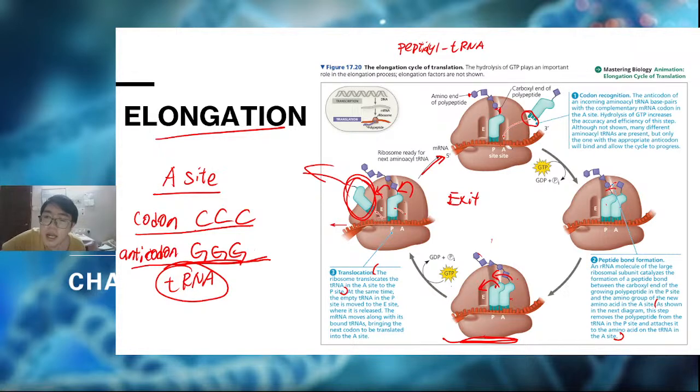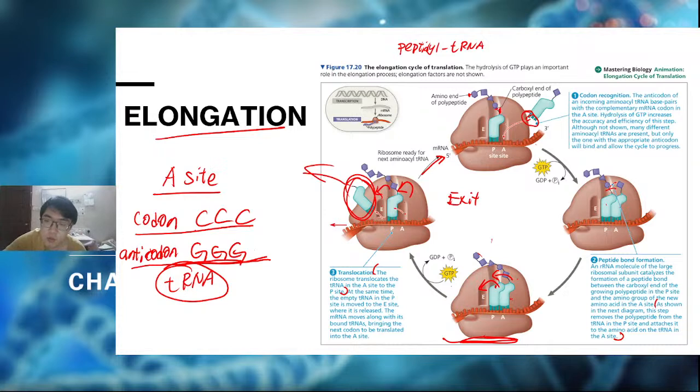So lepas tu mRNA ni akan bergerak. So tadi yang 3 ni kan, sekarang dia akan guna yang 3 ni kan. Lepas tu dia akan guna yang 3 ni. Macam ni lah. So mRNA will move from this side until it translate it reach the termination process.